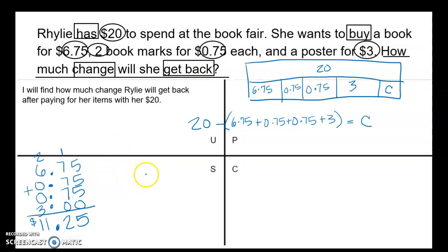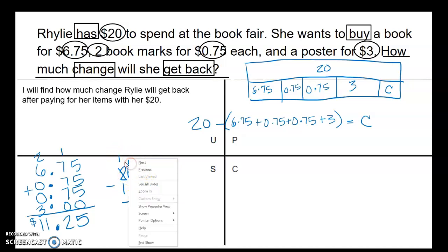So I'm going to take $20 and 0 cents, you might need to add that on, minus $11.25. So I'm going to be subtracting across some zeros. Alright, so I'm going to go all the way over here, and I'm going to borrow.